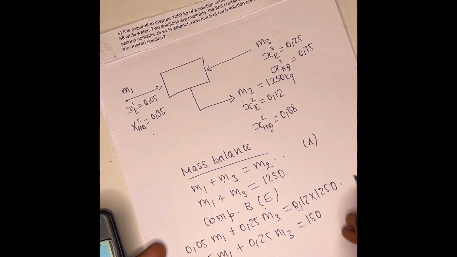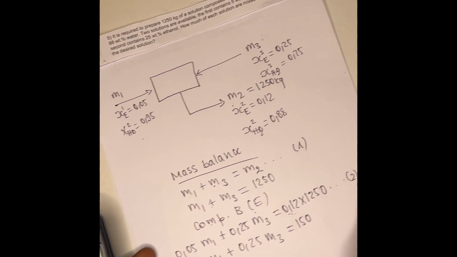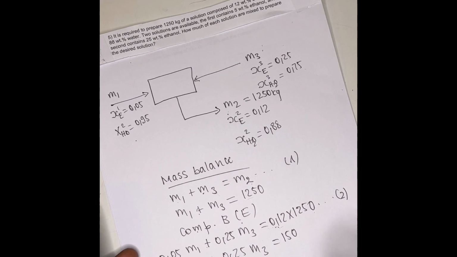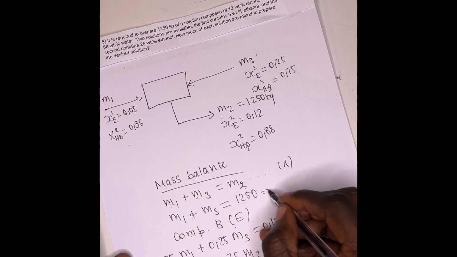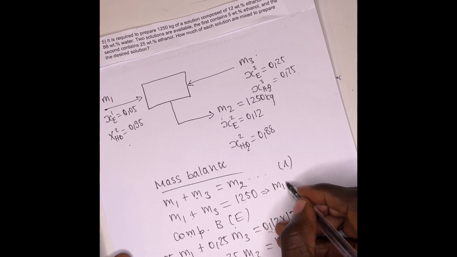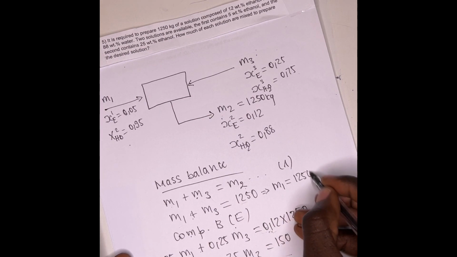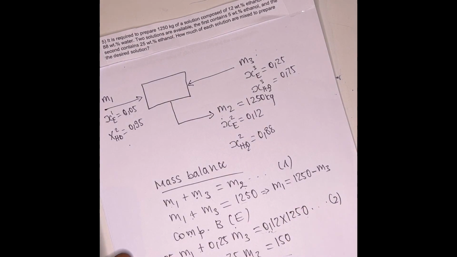This is equation 2. So now this equation and this equation, you can solve, because from equation 1, you can say M1 is 1250 minus M3.